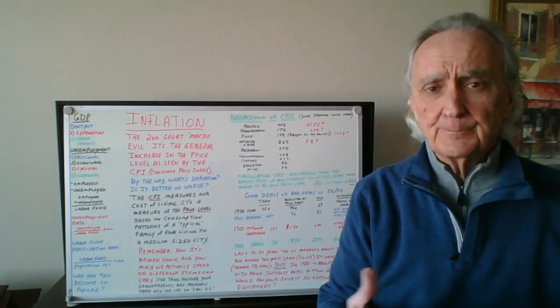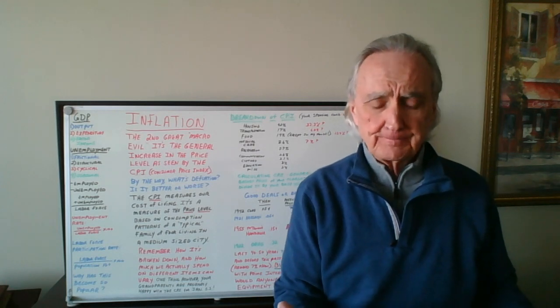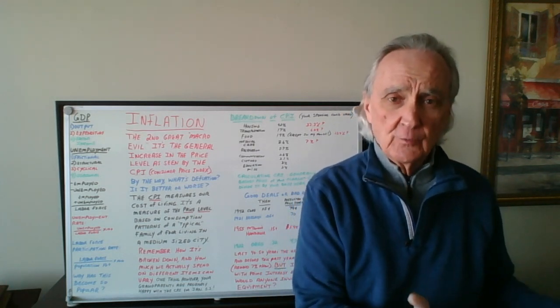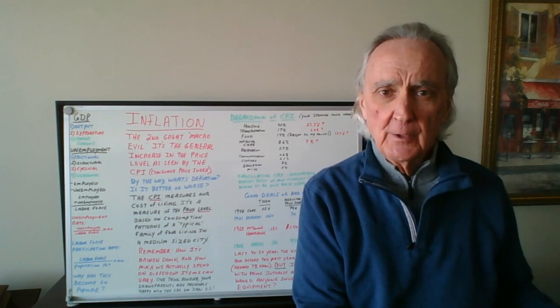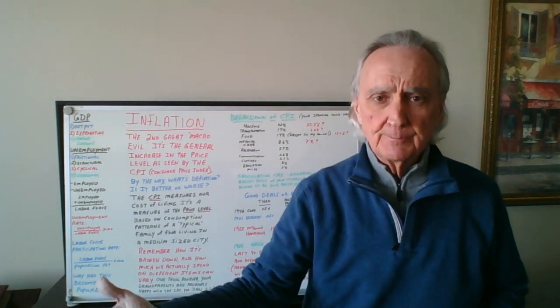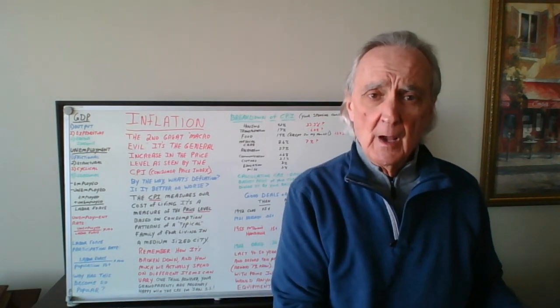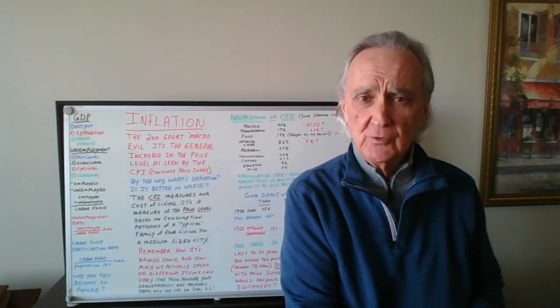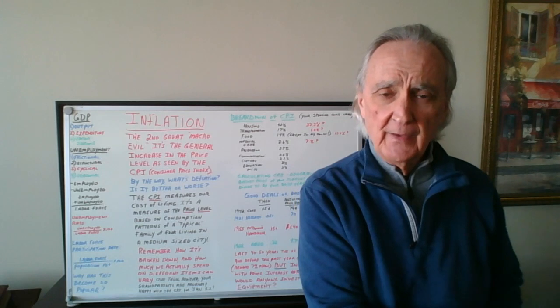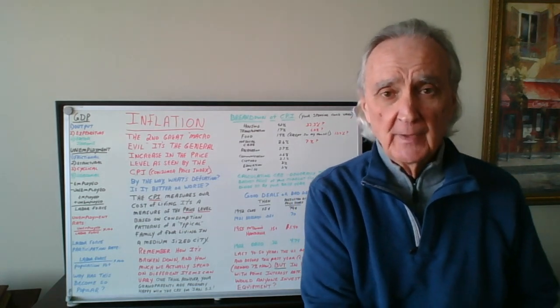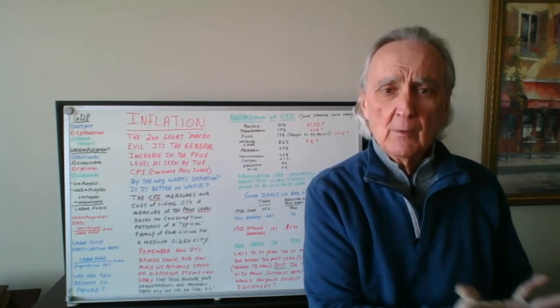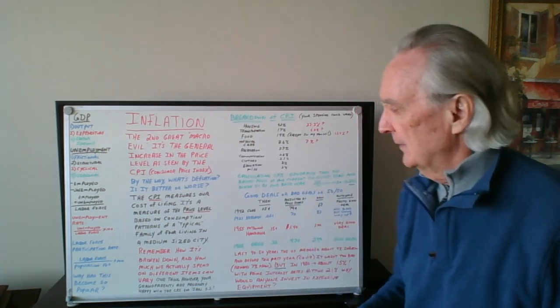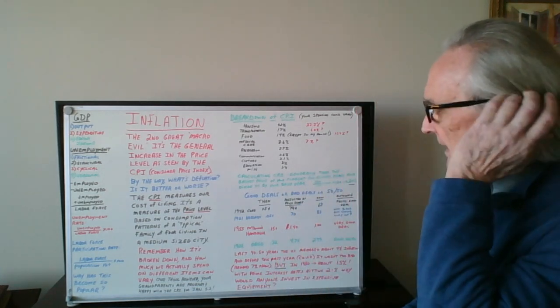And then they look at this market basket and they try to keep it the same from year to year. And they'll just look at how the prices have changed from that market basket of identical goods, or as close to identical as possible, from one year to the next.